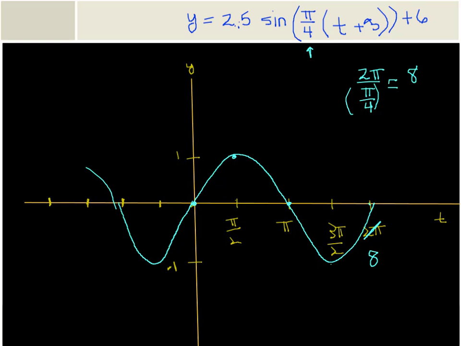So what does that mean? It means I'm multiplying by 4 over pi, right? So 4 over pi times this makes this 2, 4, and 6. Are we all good?